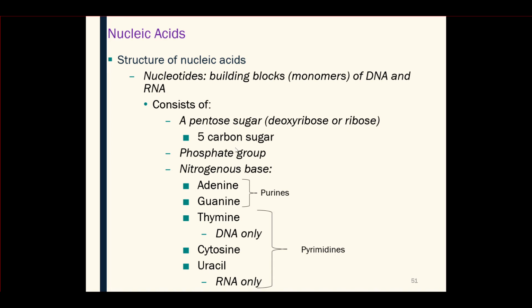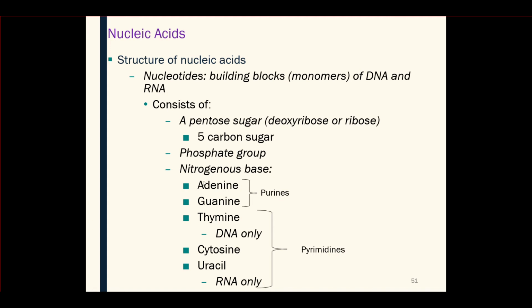The second part of a nucleic acid is the phosphate group. If you remember when we studied the functional groups, a phosphate group is a PO4. So this is going to be on there. Then there's going to be something known as a nitrogenous base. So on each nucleotide, there will be a different nitrogenous base.